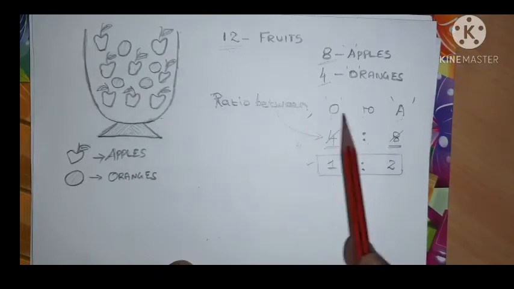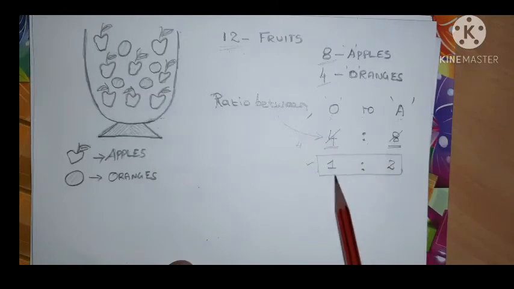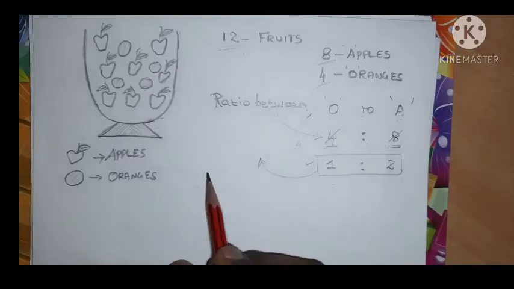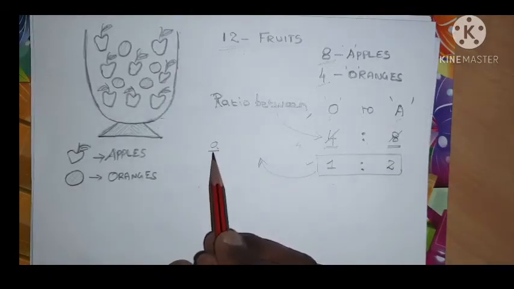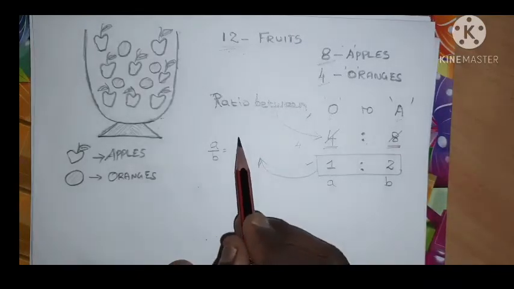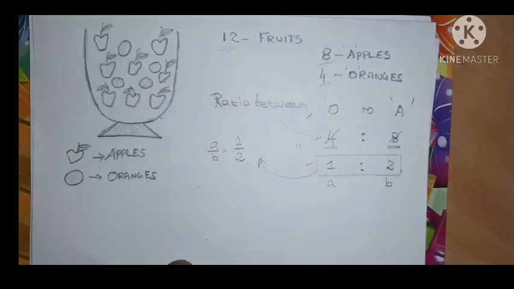So the ratio between oranges to apples is 1 is to 2. In another way, this ratio can be expressed in A by B format, where A is 1 and B is 2. So 1 by 2 is the ratio.